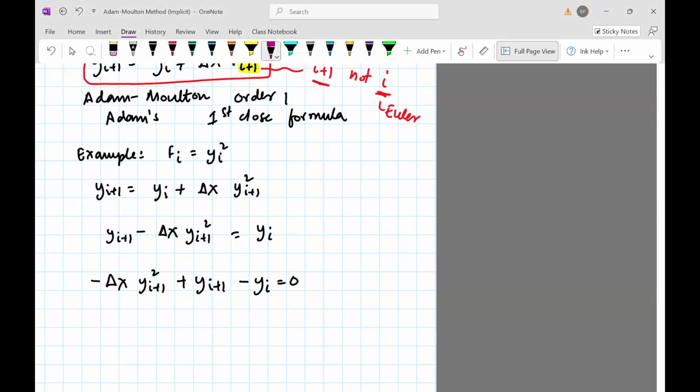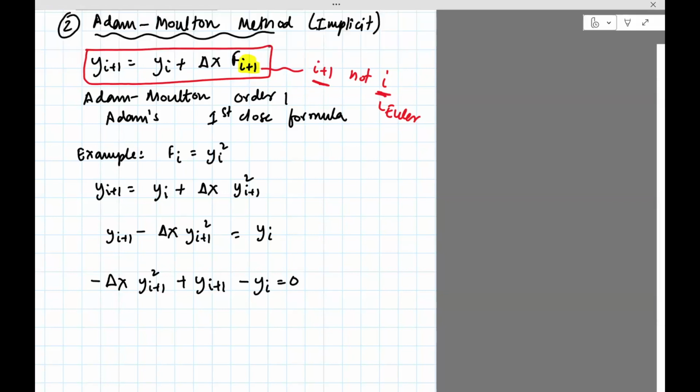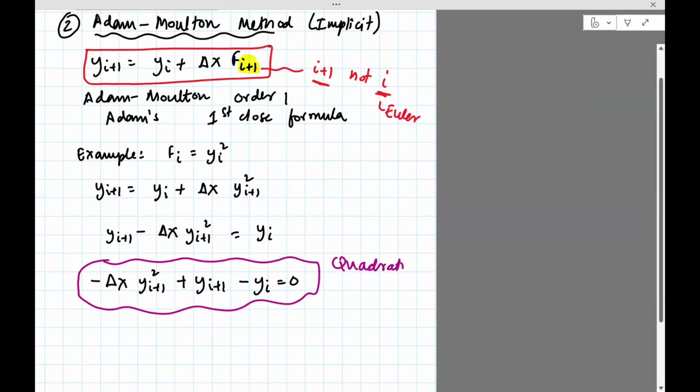This thing here is a quadratic equation in y_{i+1}. So this quadratic equation has to be solved. Now, a quadratic equation is easy to solve. We know the solution to this.